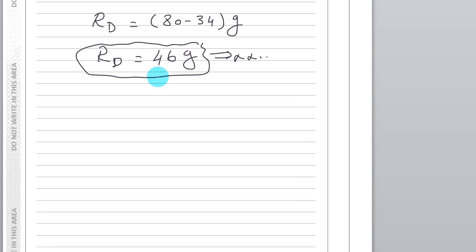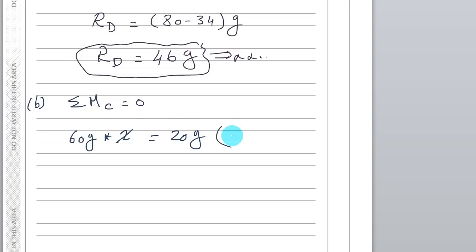So for part B, summation of MC equal to 0. So 60g multiplied by x is equal to 20g multiplied by 2 minus 1.6.